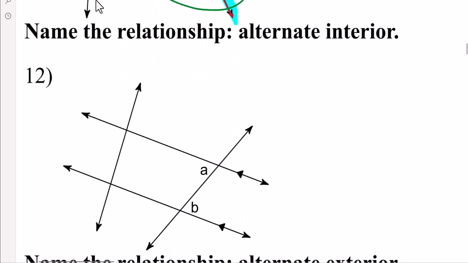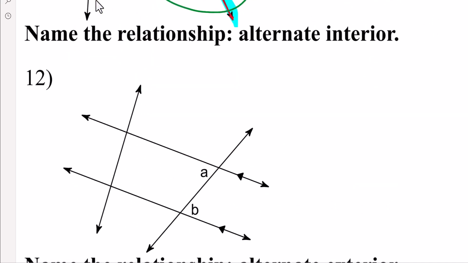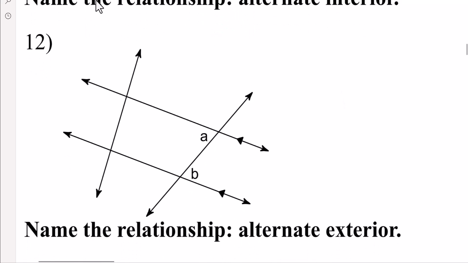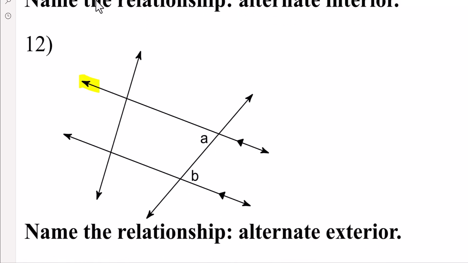Okay, now let's talk about alternate interior and alternate exterior. So again, we have our parallel lines. That's very key. And notice between the parallel lines, this is called the interior. So between the two parallel lines, this is the interior part.